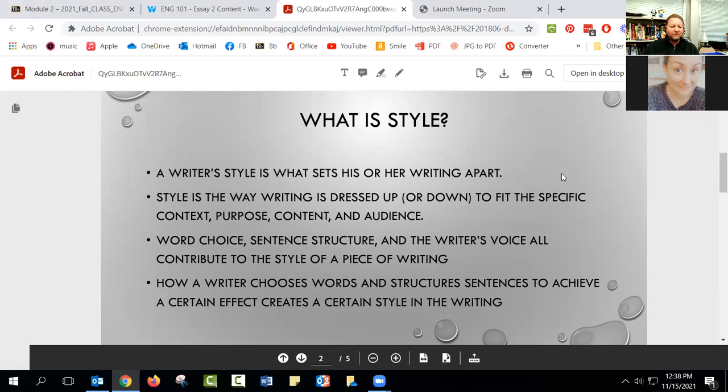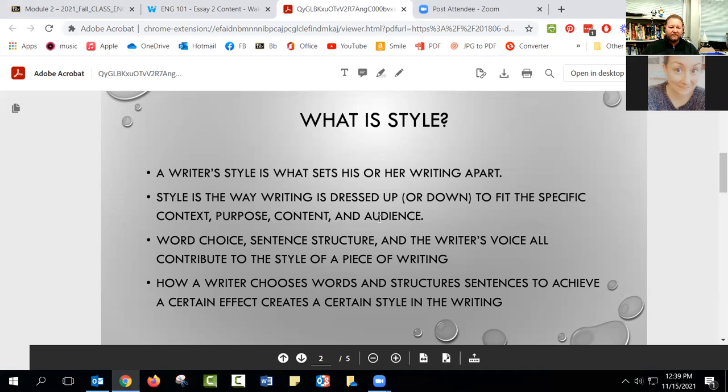But even if you're not a professional writer, each one of you does have your own style. Whether that's perfectly suited for academic writing versus writing poetry, that's completely up to you and what you're able to do. But these ones talk about how to identify your style, right? So style is the way writing is dressed up or dressed down to fit the specific context, the specific purpose, specific content, and specific audience.